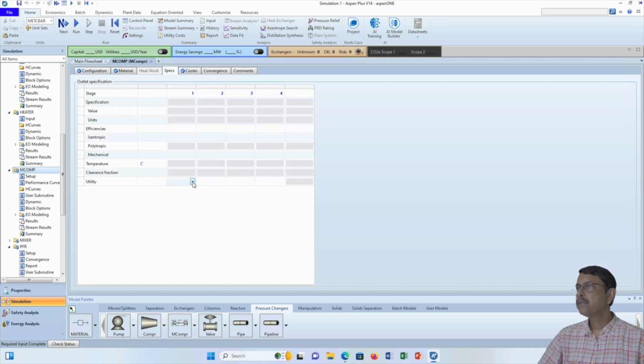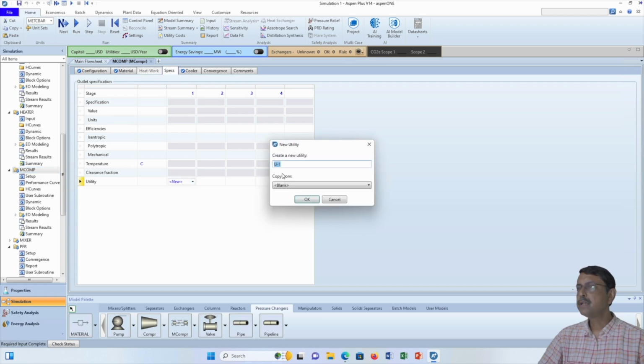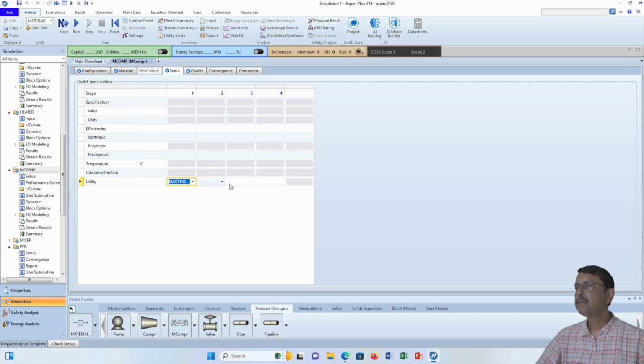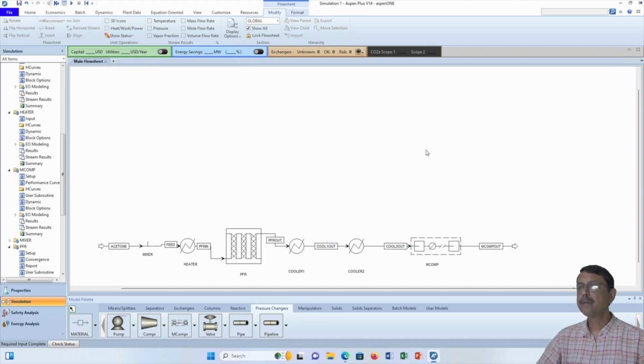So the stages that use a new utility will use electric, which is electricity. So all the stages work with electricity. So compressor is fixed. Okay.